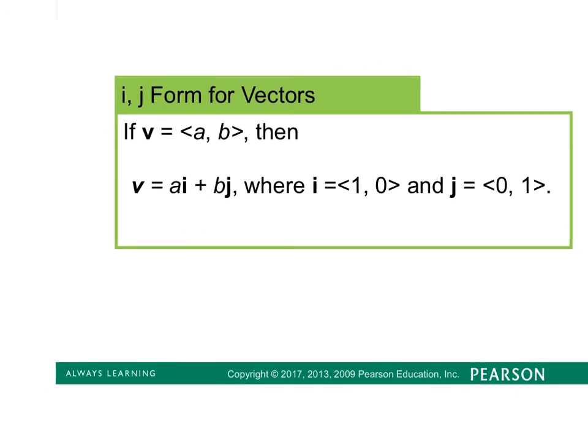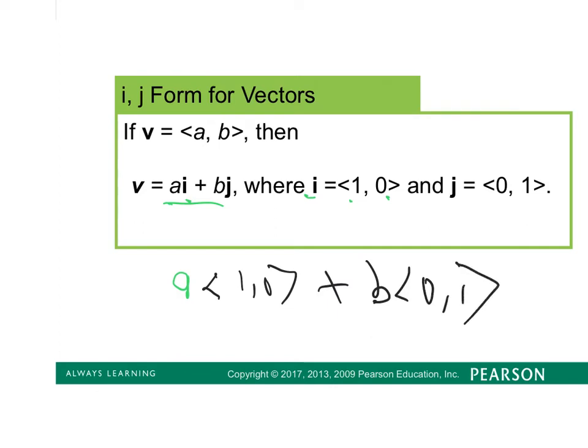Okay, if vector v is a, b, then ai plus bj, okay, what I just said, where obviously i is 1, 0. Think about it. If you take a and multiply it by the vector 1 comma 0, and add it to some b number times 0 comma 1, both of those being unit vectors, one going to the right and one going up, a times 1 gives me a, and a times 0 gives me 0.